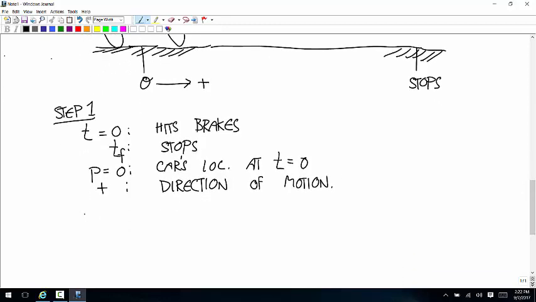Okay, so now we have to think about what we know and what we want. And I'll go through these in order. Do we know the elapsed time between 0 and time final? 3 seconds, yep. So time final is 3 seconds. Do we know the position when time is equal to 0?